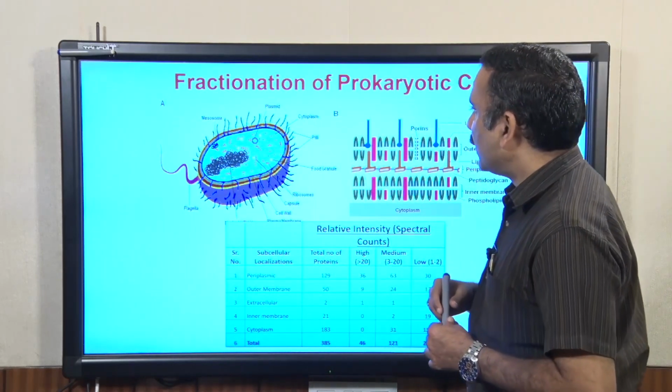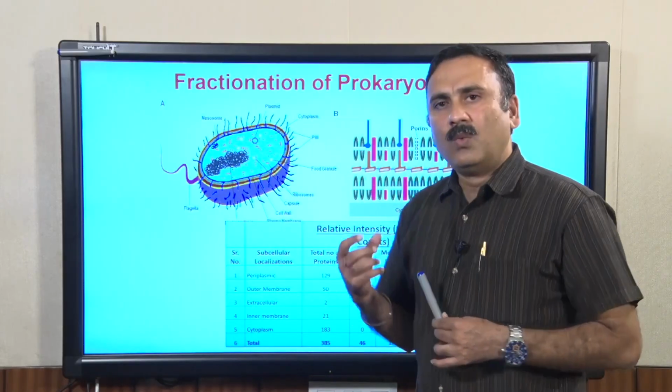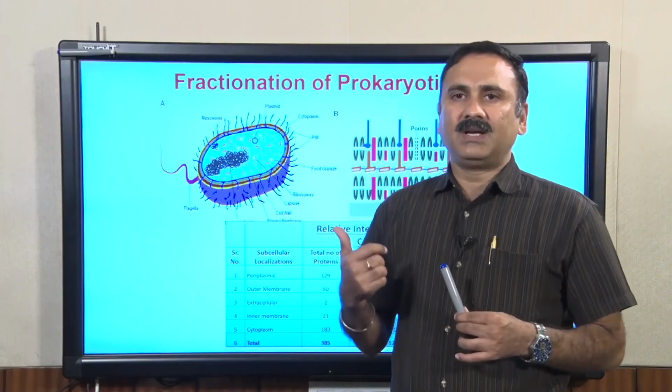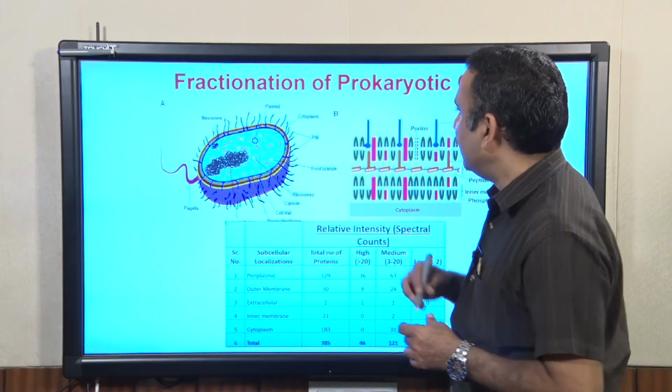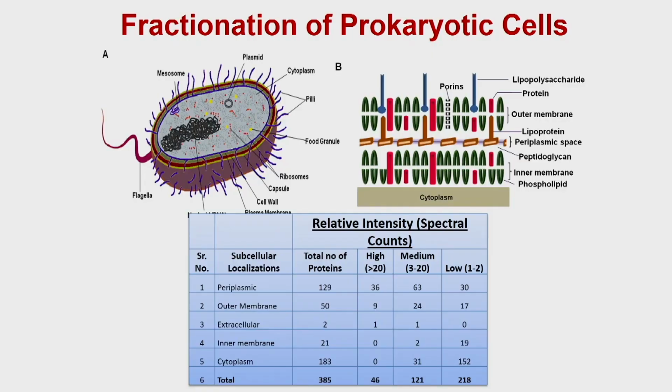In the prokaryotic cell, there are two major places you can use to extract proteins. What are these places? You have the cytoplasm, and the other place you can use is the periplasmic space.